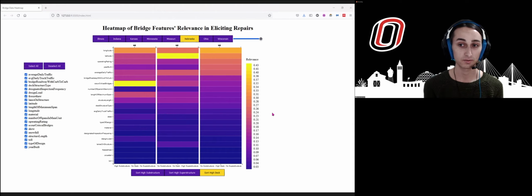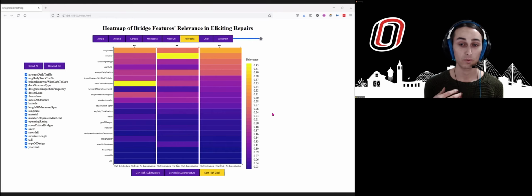There are condition ratings from 1 to 10 for each bridge, which correspond to the bridge's health. We can use the year-by-year condition ratings to determine when a bridge needs an intervention, meaning an instance in which a bridge receives repairs.